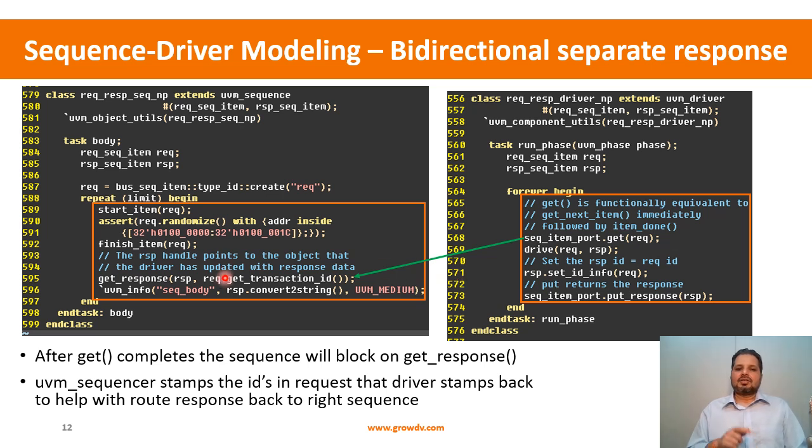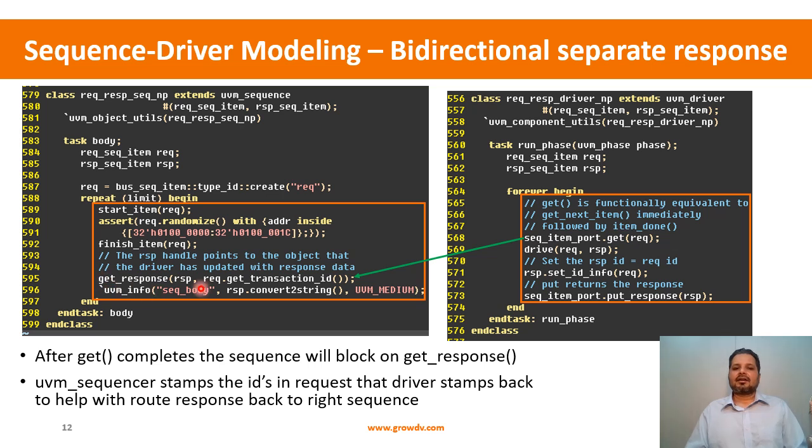The sequencer would look at the incoming response and see if its transaction ID matches this particular request's transaction ID, and in this case it will match because we have stamped the same thing, and then it will deliver that response to the sequence, right?